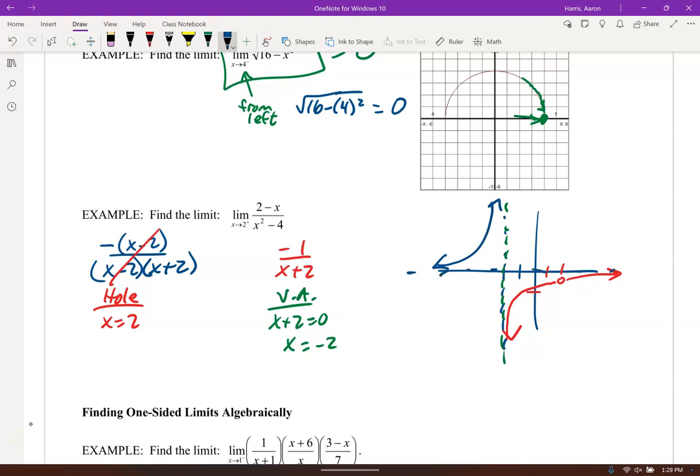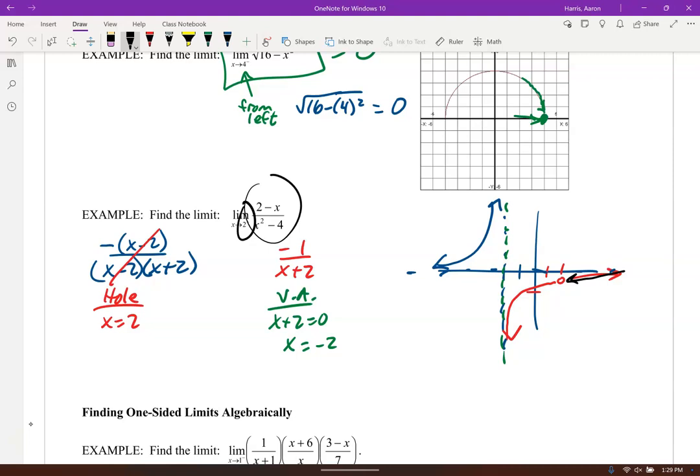So let's take a look as I approach 2 from the right. Let's do it visually. If you hadn't worked it out, you wouldn't know what it's really getting arbitrarily close to. You'd just say, oh, it's undefined, because if I plug 2 into the original, it's undefined.